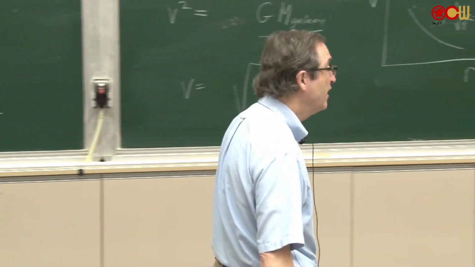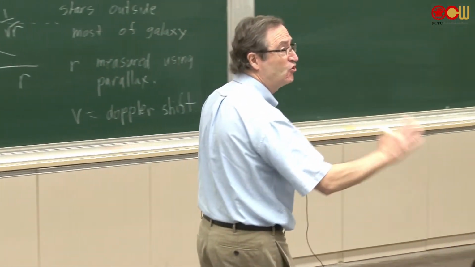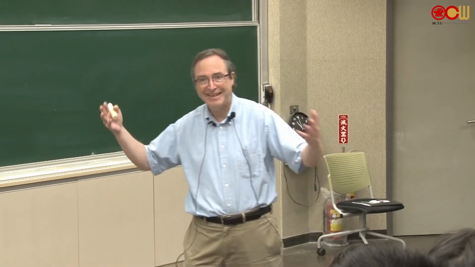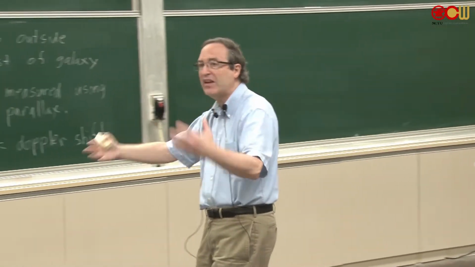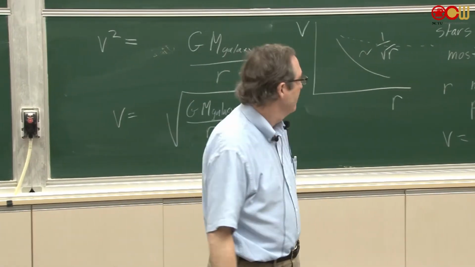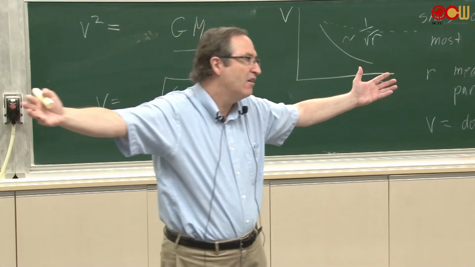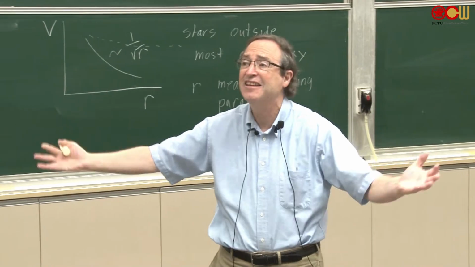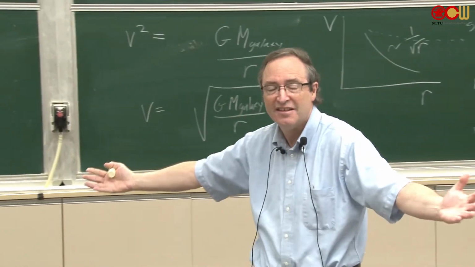So this mass was not coming from stars, because stars are visible, and you can see all the stars, you can figure out what their masses are, etc. All right? So there's mass in the galaxy, huge amounts of it. In fact, much more mass than the stars themselves.